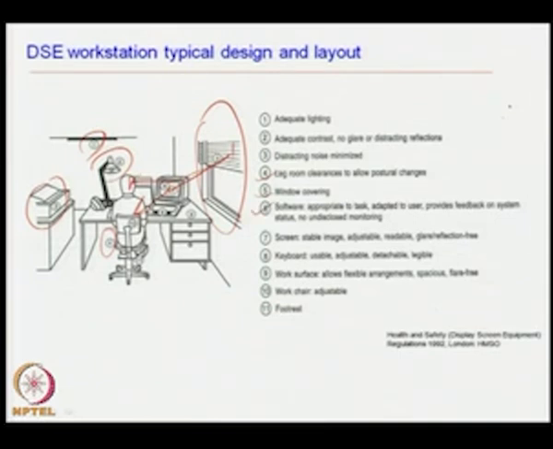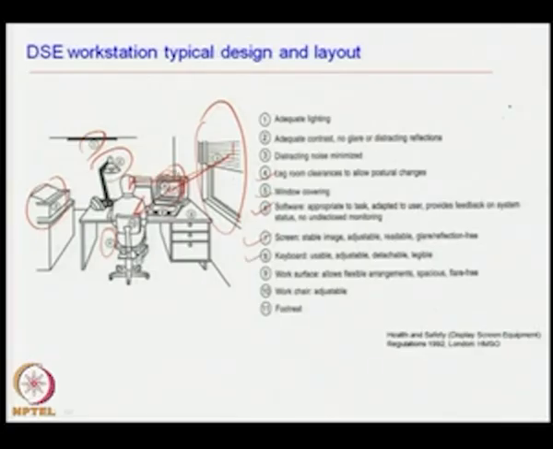Number 6, the software and how we are working. The software appropriate to the task, adapted to the user, provides feedback on system status, no undisclosed monitoring. So, a clear vision should be here. Then screen, stable image, adjustable, readable, glare and reflectance free is necessary.